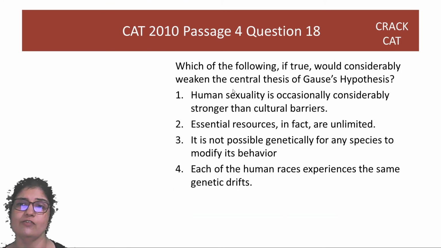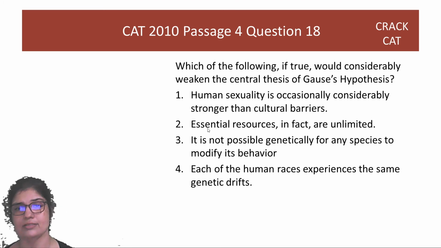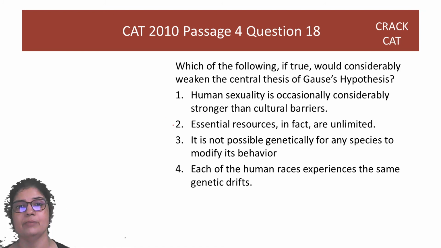18th. Which of the following, if true, would considerably weaken the central thesis of Gauss's hypothesis? So the hypothesis is, if there is a common resource for which people fight, then this is what is going to happen. So whether resources are limited or unlimited does not matter, because it does not say that resources have to be limited. If there is a common resource, people will fight.